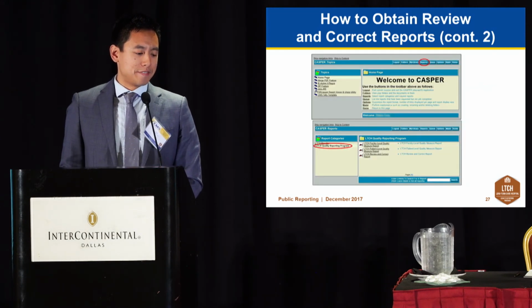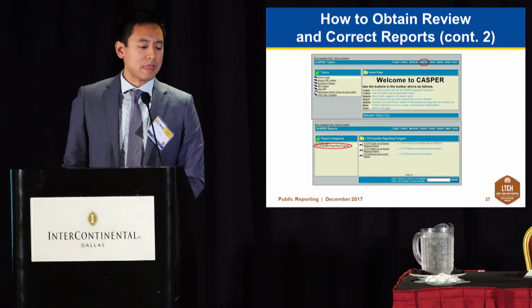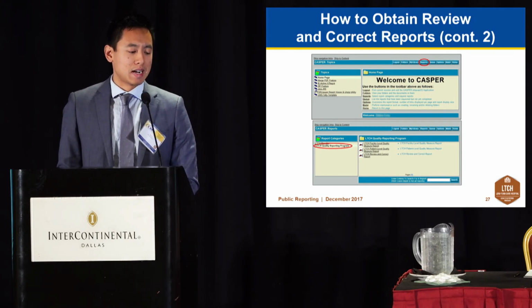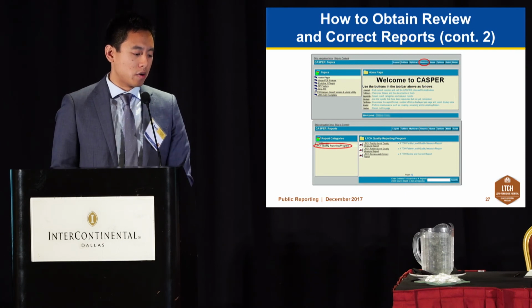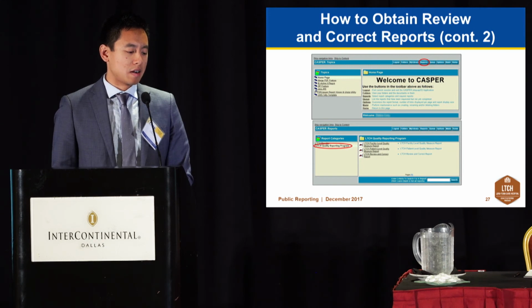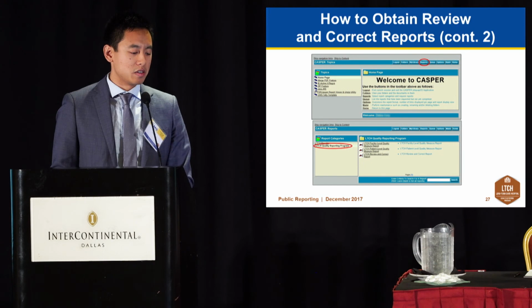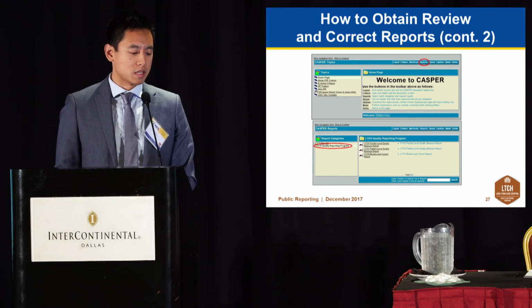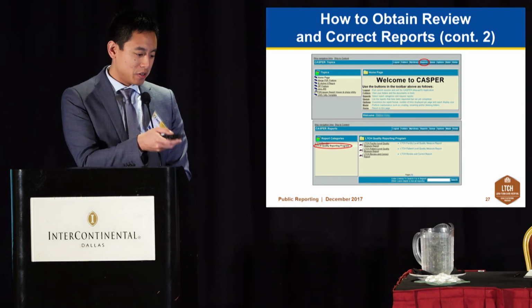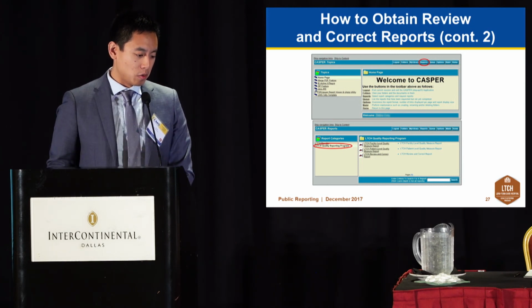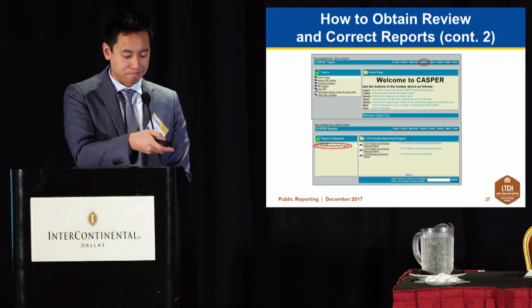In this interface, you click on Reports on the top, and then you click on LTCH Quality Reporting Program on the left-hand side, and you'll see a number of reports, which are user-requested reports. In this example, you click on the LTCH Review and Correct report on the bottom.